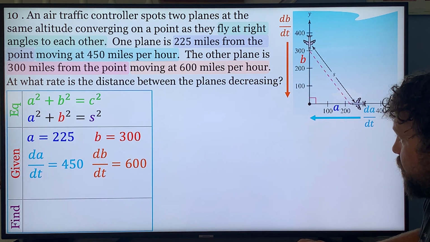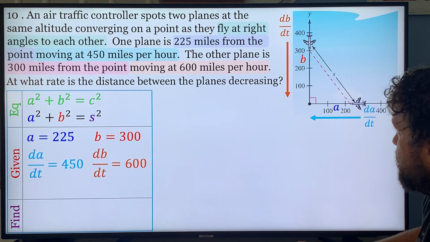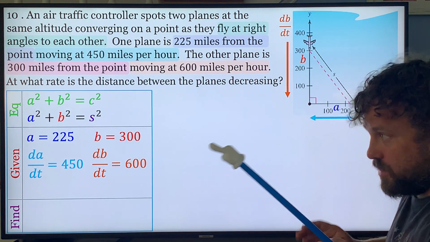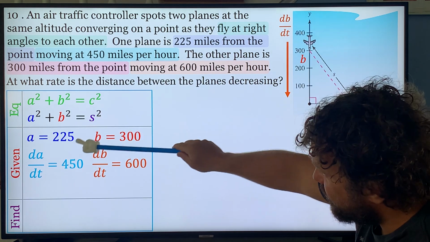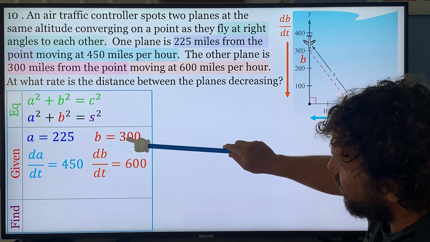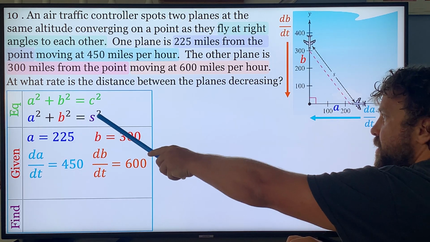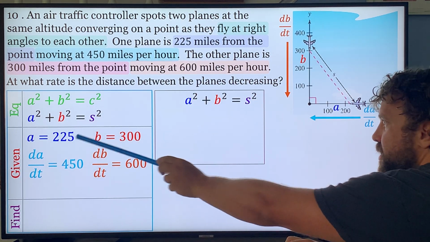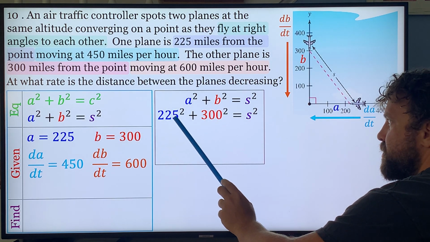Now, we have A, we have B. Can we find out what S is? If we change one of these, S is going to change. We could find S when A is 225 and B is 300. How? We plug it into the Pythagorean theorem. 225 squared plus 300 squared equals S squared.